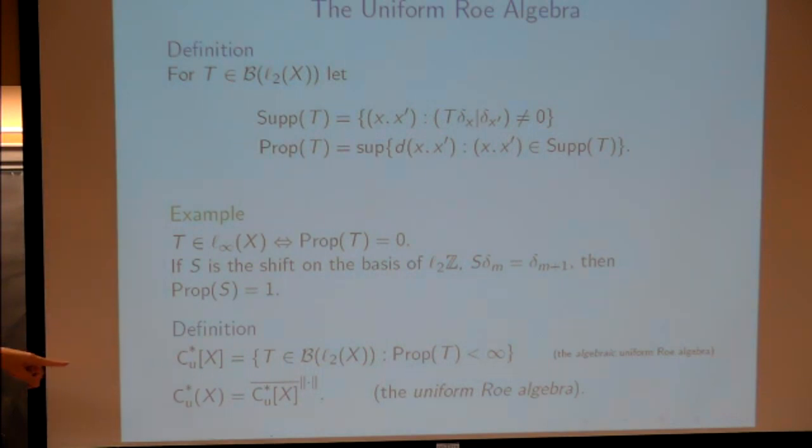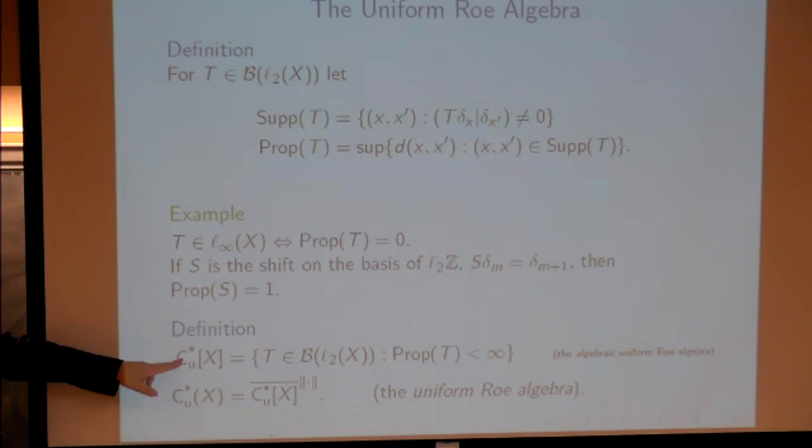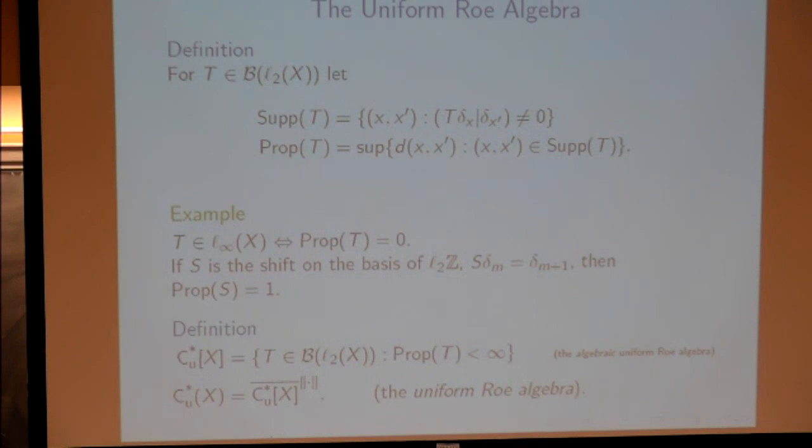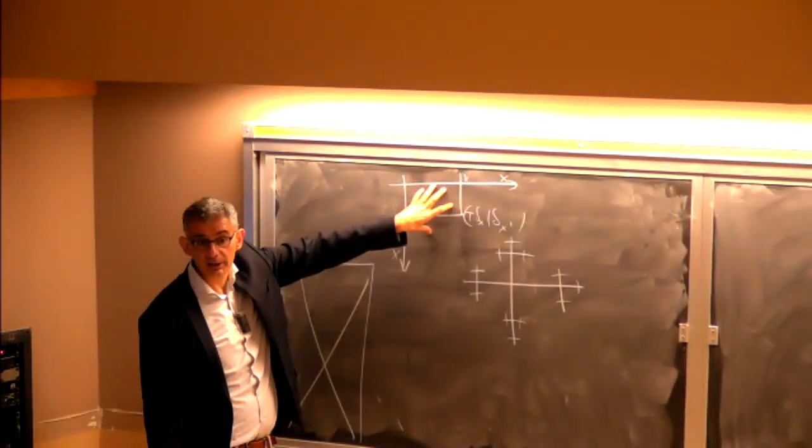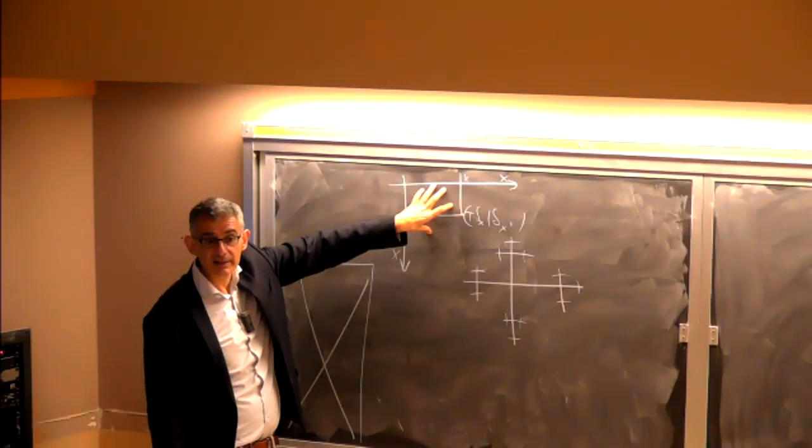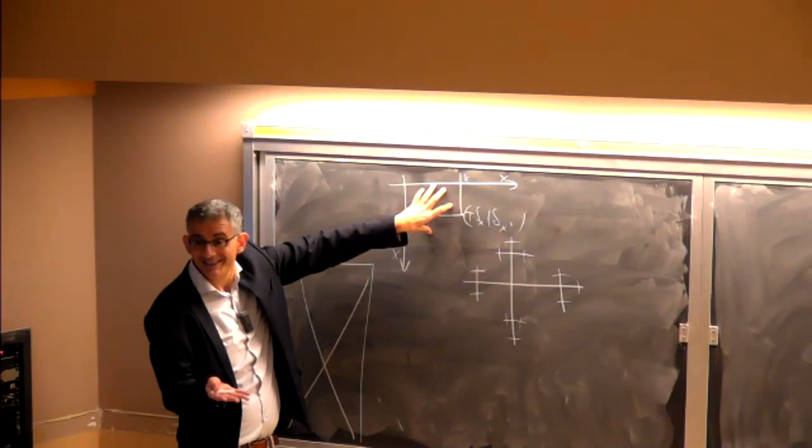It's called the algebraic uniform Roe algebra. It's an algebraic algebra. But anyway, that's the one with square brackets. Now, it is not norm-closed. One reason for that is the following. All finitely supported operators are in the algebra, because if you have a finite set, then the maximum is still finite.